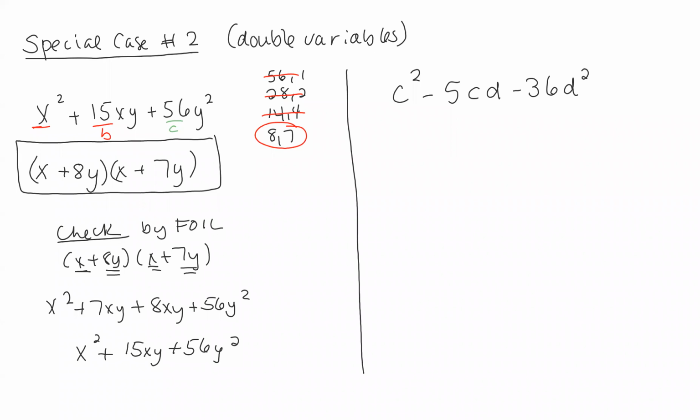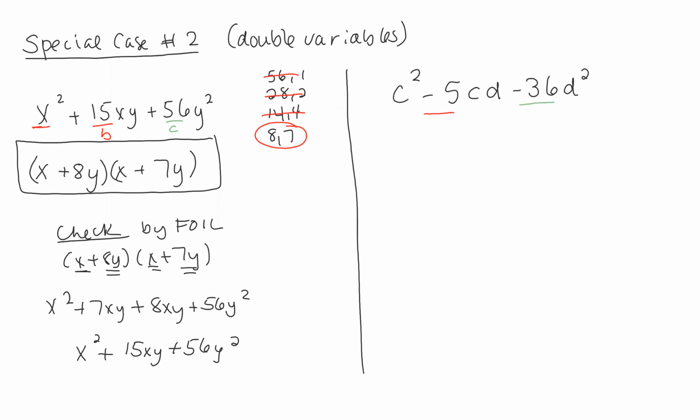Okay, so let's say for this one, I have c squared minus 5cd minus 36d squared. The lead term in this case would be the c squared because c comes first in the alphabet. And since you have two terms that contain a c, you want the term that has the higher exponent on c. It's kind of a long process, but just trust me, c squared is your lead term here. Coefficient on the lead term is 1. So we're going to look for factors of negative 36 that add to be negative 5.